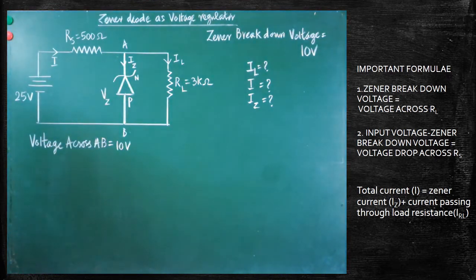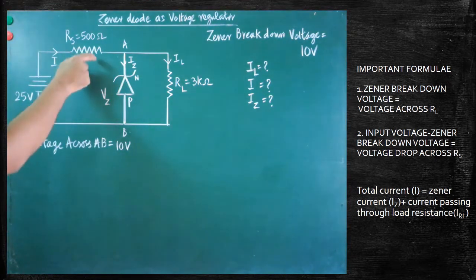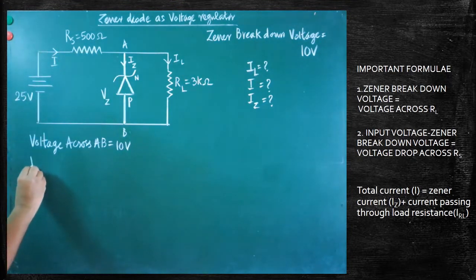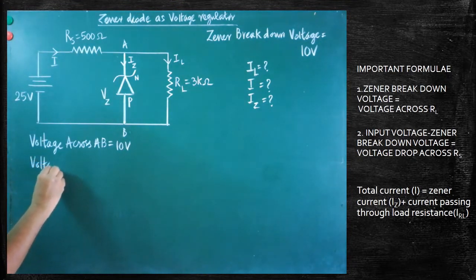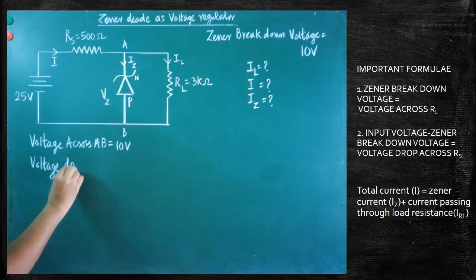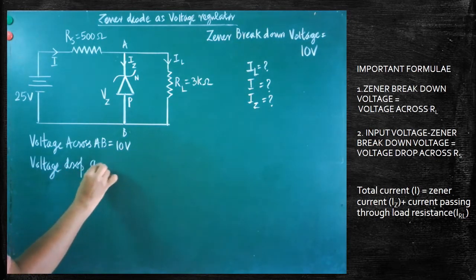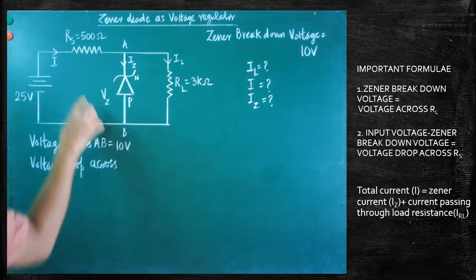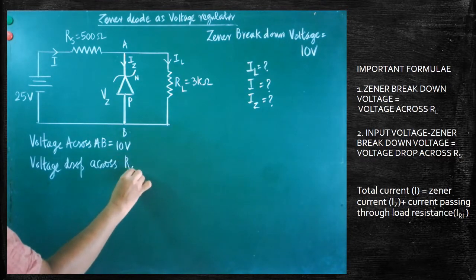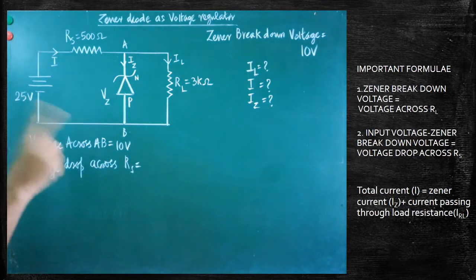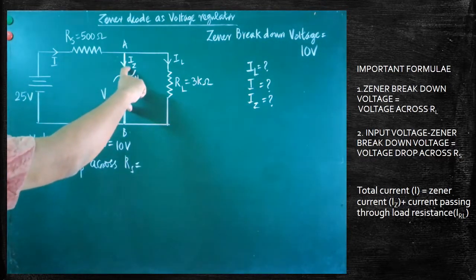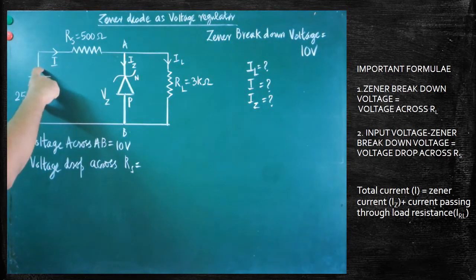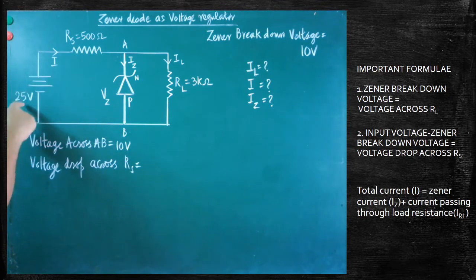Now the voltage drop across RS is to be found out. That is very easy. Know one thing: the voltage drop across AB is 10 volt, and the input voltage supplied is 25 volt.